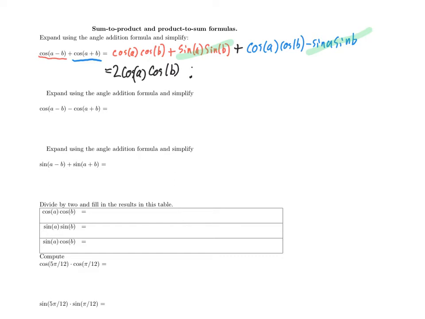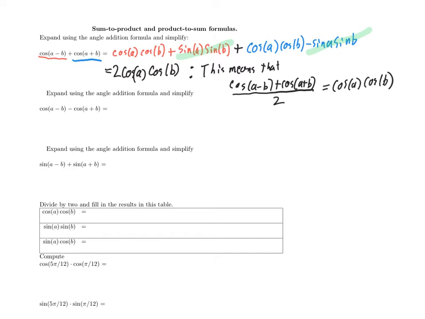So, this means that cosine of a minus b plus the cosine of a plus b over 2 is the same thing as cosine of a cosine of b.